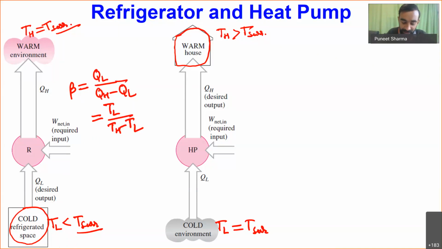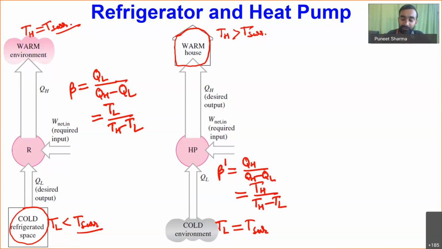Similarly, the coefficient of performance for a heat pump is written with the symbol beta dash, which is equal to QH divided by QH minus QL. For the Carnot heat pump, the COP is TH divided by TH minus TL. This we have seen earlier.